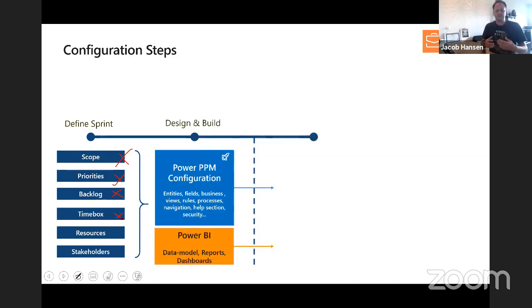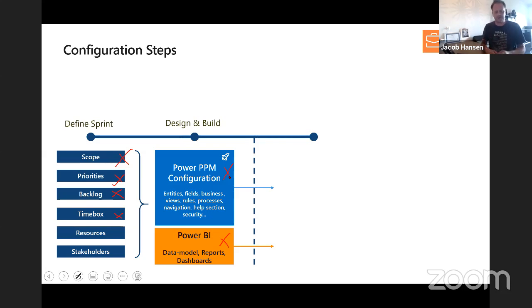Then we take the application, Power PPM and Team Planner, if that's in scope, and we implement it in your infrastructure, your Office 365 infrastructure, and Power BI. Then the partner will, together with you, modify the reports and change what needs to be changed in Power PPM.